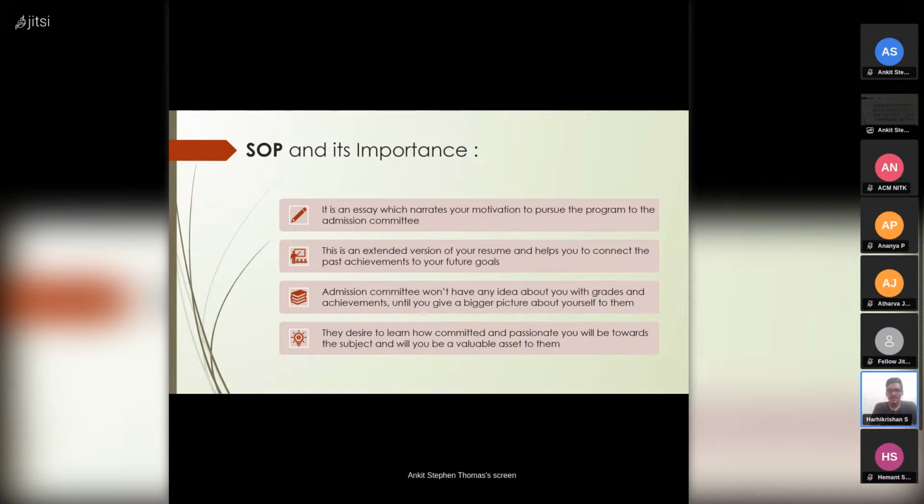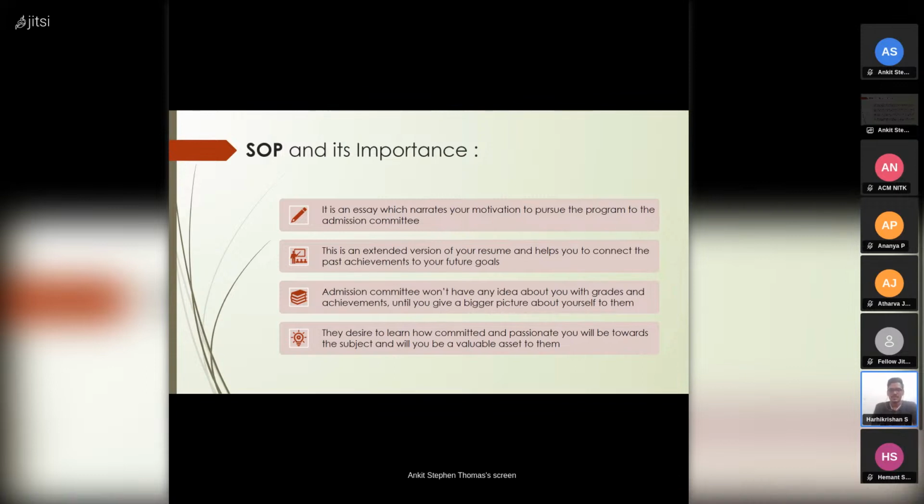The admission committee will expect what you are going to do after joining that university. They want to know your passion and how committed you will be towards the research after joining the university itself. So it is important for you to link all the details you gave in your resume to the SOP, and link it to your future goals.